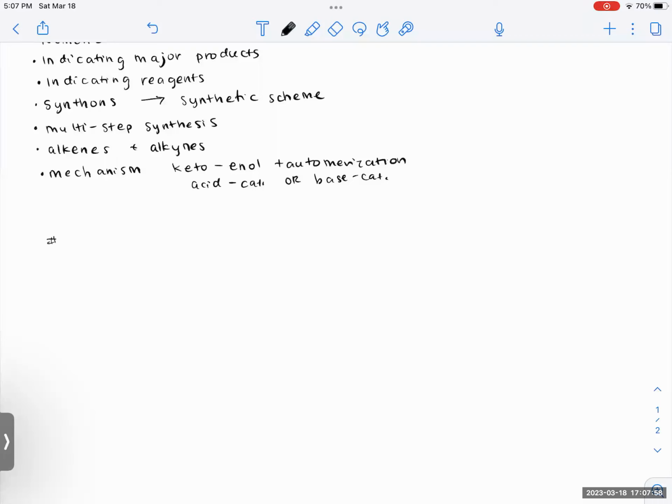So this is question number 16. You are given a structure that looks like this. And you are given a bunch of steps. So 1 is NBS, light, 2 is potassium tert-butoxide, then NBS and light again.